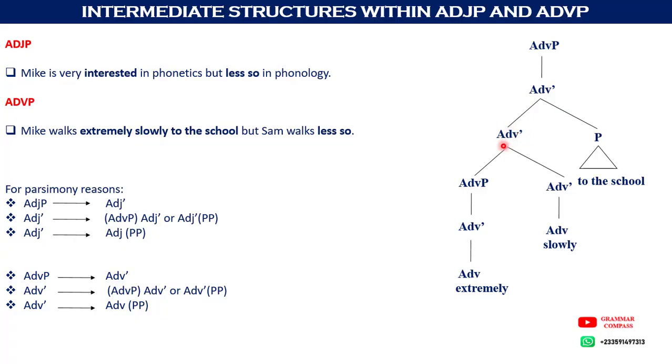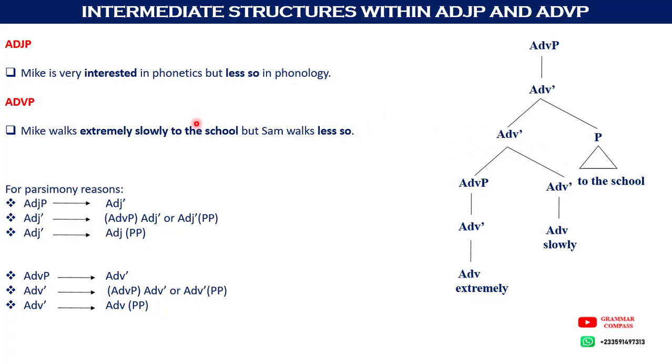So at the first intermediate level, that is extremely slowly, we attached the qualifier to the school. And in our next intermediate level, that is slowly, we attached the adverb phrase modifier, and we further broke down to an AdV bar and then finally to an AdV. So note that the bar levels can be replaced with so.